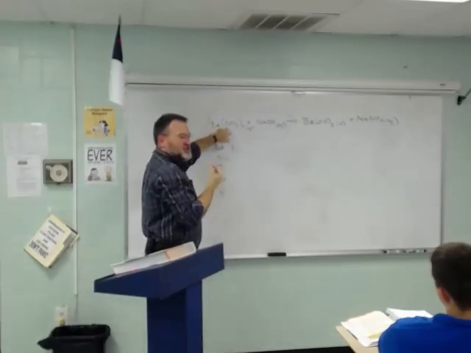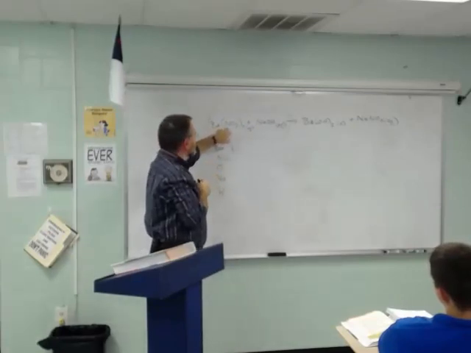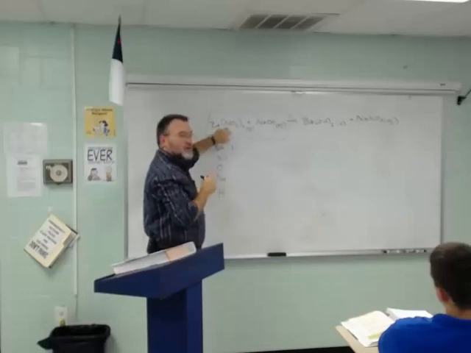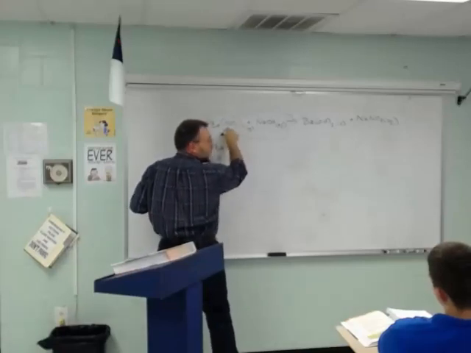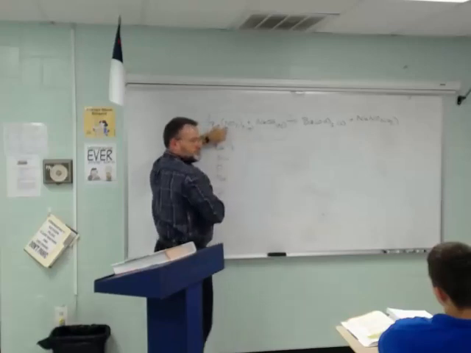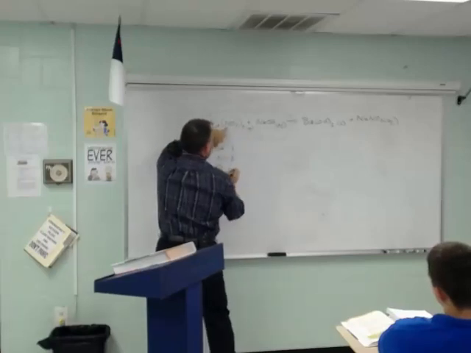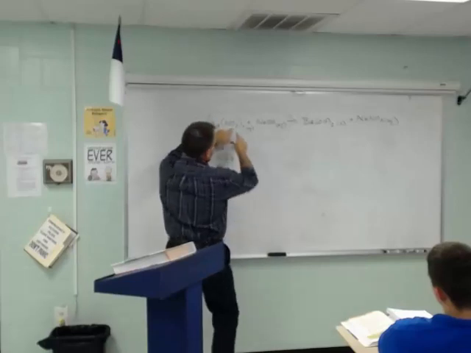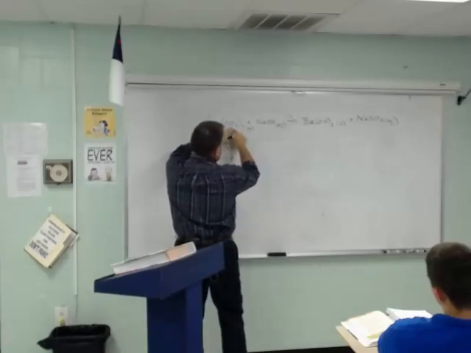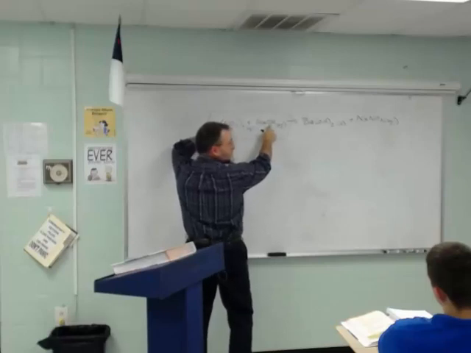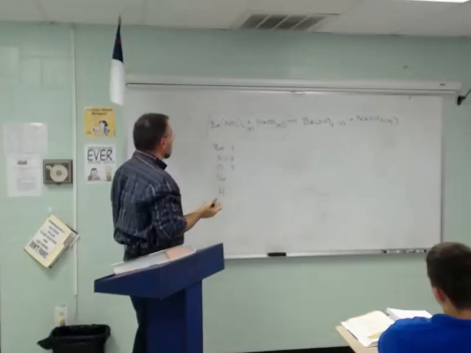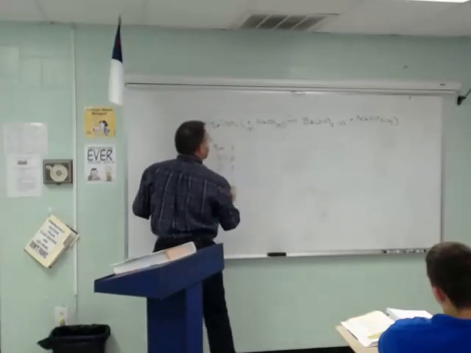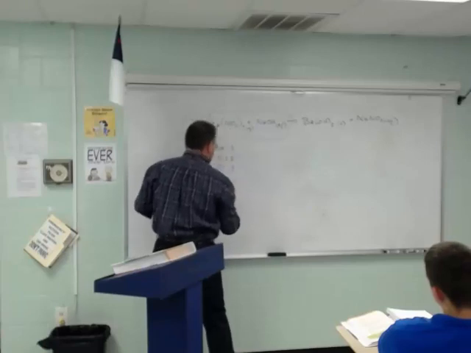How many nitrogens? Every molecule has 1, and we've got 2 of them, so nitrogens have 2. Oxygens: 3 times 2 is 6, plus 1 is 7. How many sodiums? How many hydrogens?